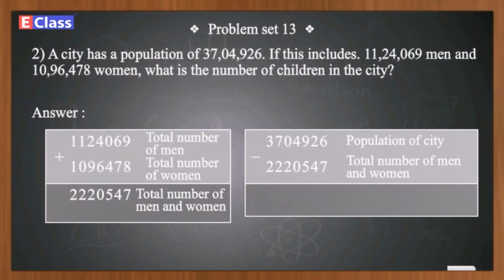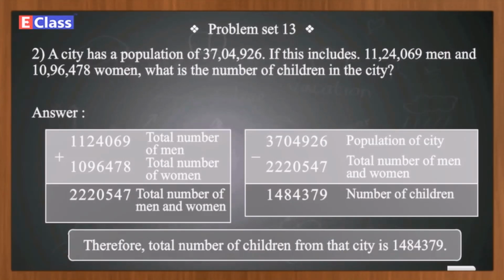Therefore, the number of children in the city is 14,84,379. Here, I have solved two problems of problem set 13 as an example. Now, you have to solve the remaining problems.